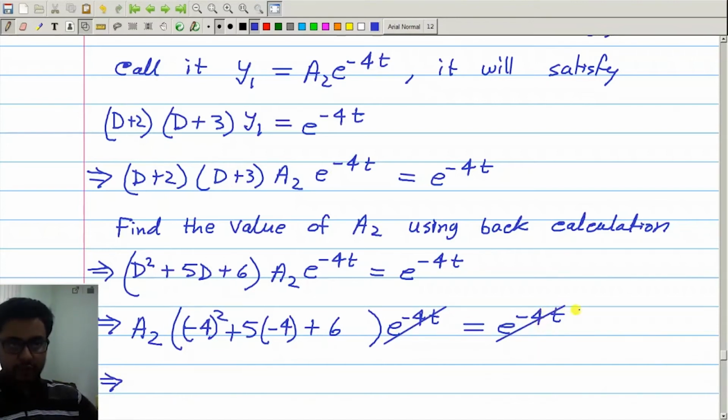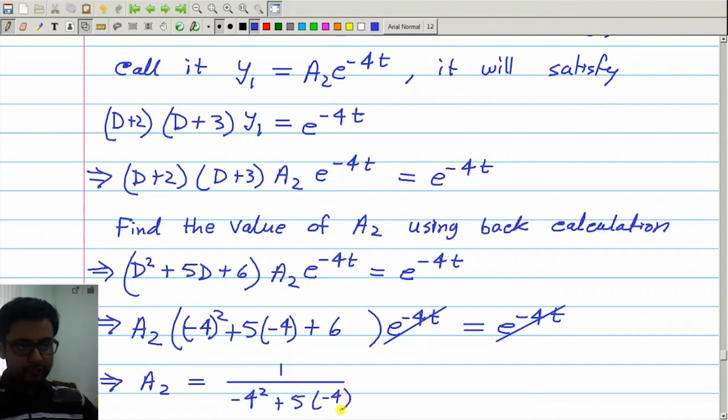It will become 1, and A2 will therefore be 1 over minus 4 square plus 5 into minus 4 plus 6.